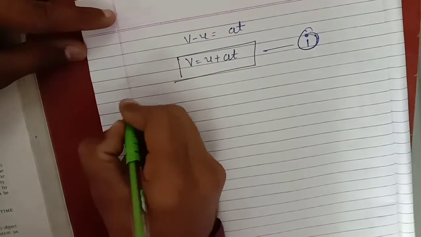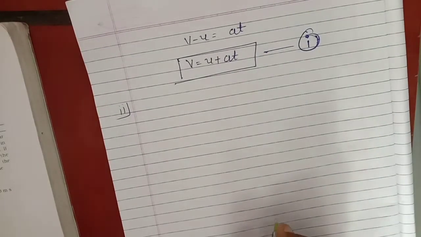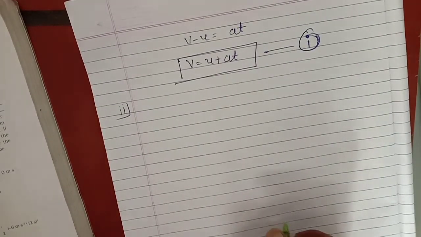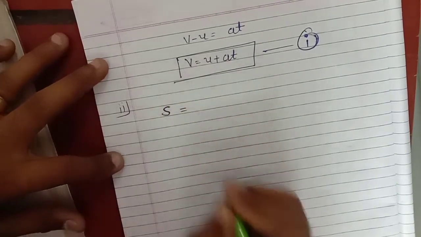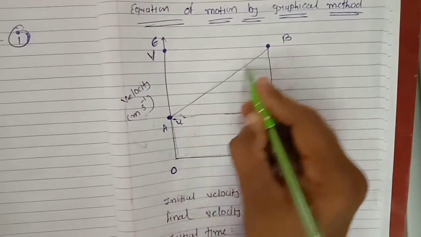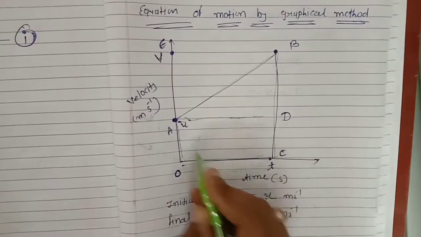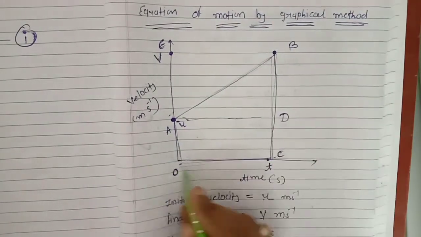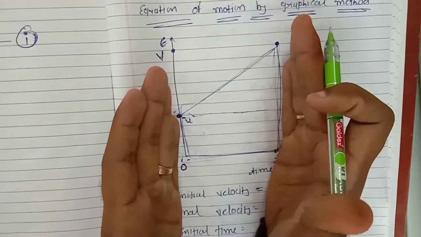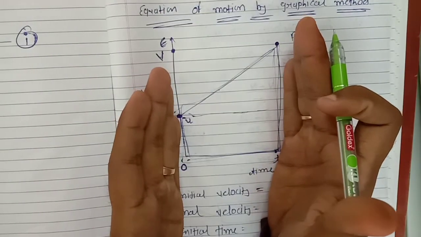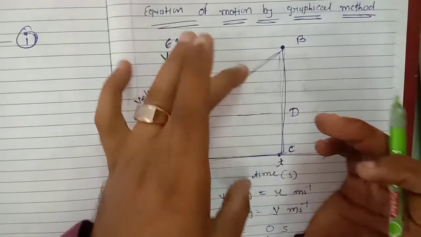Now the second one. To find the second one, we mention distance here, and we have to find the area of this trapezium. S, the total distance, equals the area of this trapezium. A trapezium means one pair of lines is parallel and the other two are not parallel.